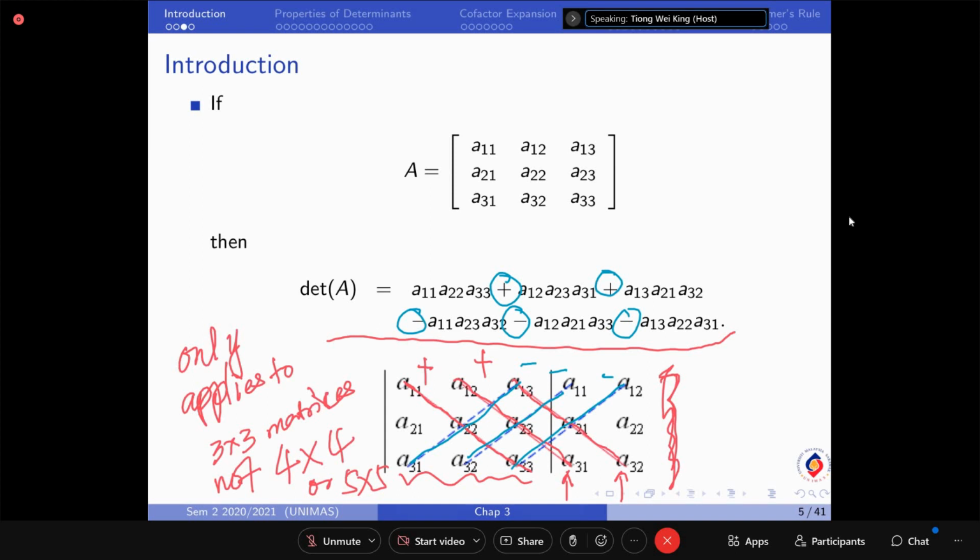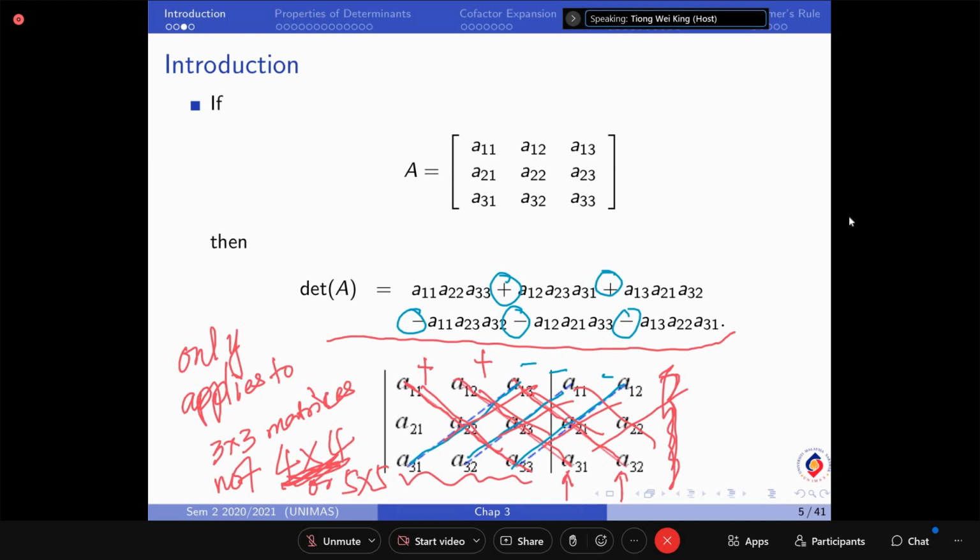I saw some students who, when they have a 4 by 4 matrix, also applied this method, which is wrong. They multiply 4 times and then subtract 4 times. Okay?